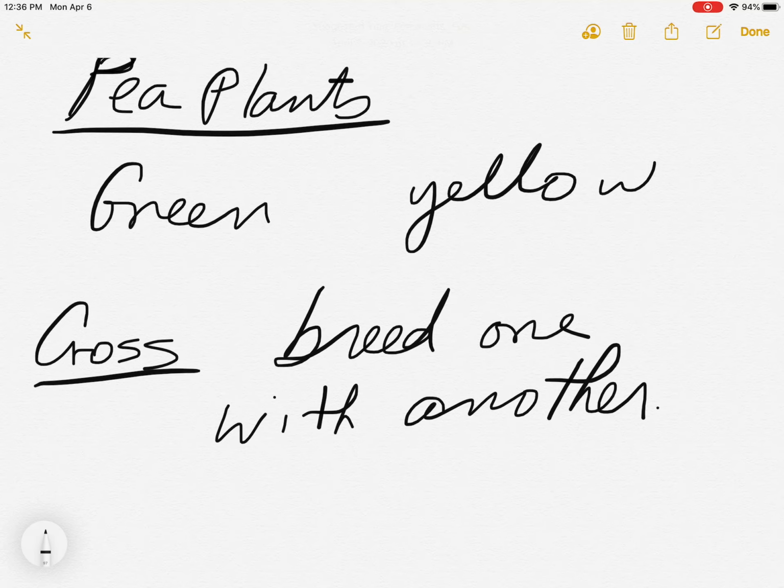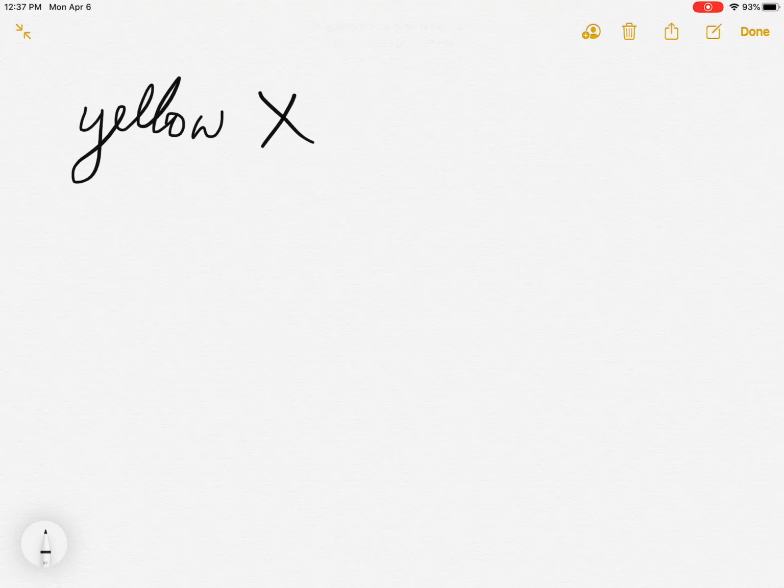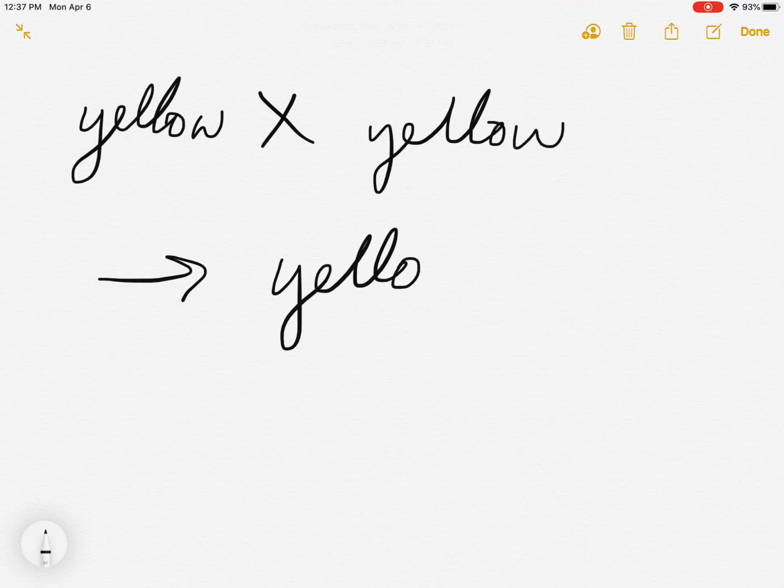In other words, he would have to be very careful to collect the proper pollen, cross it very carefully under controlled conditions. And when he did that, he would find that if he took a yellow, and we often write it with just a cross like that, yellow cross yellow means we've bred a yellow pea with a yellow pea. And you'd expect that what you would get from this is another yellow pea.